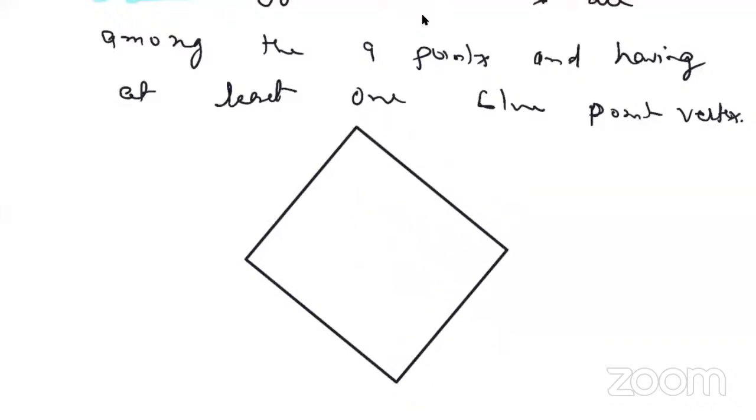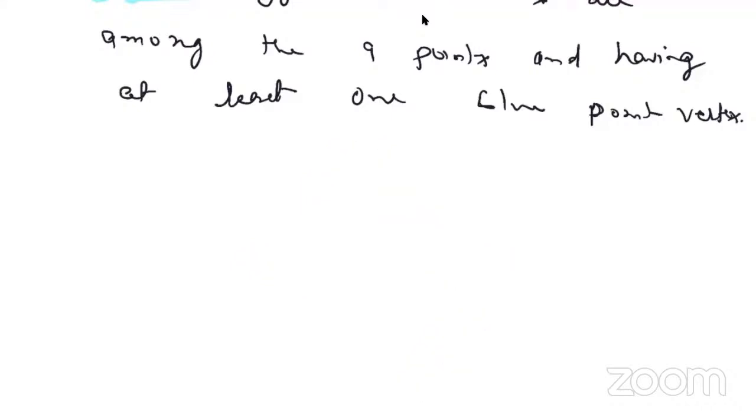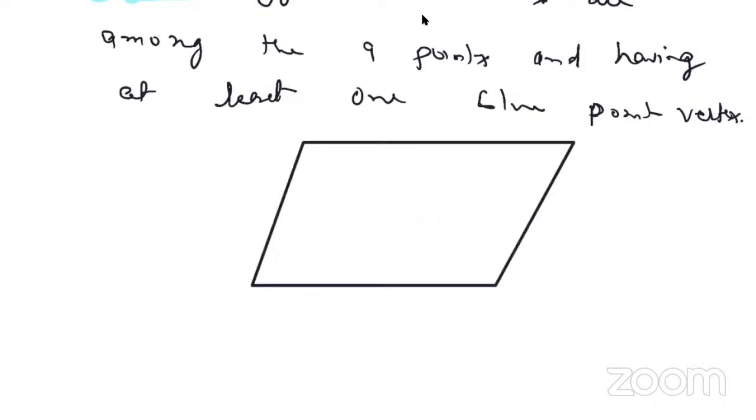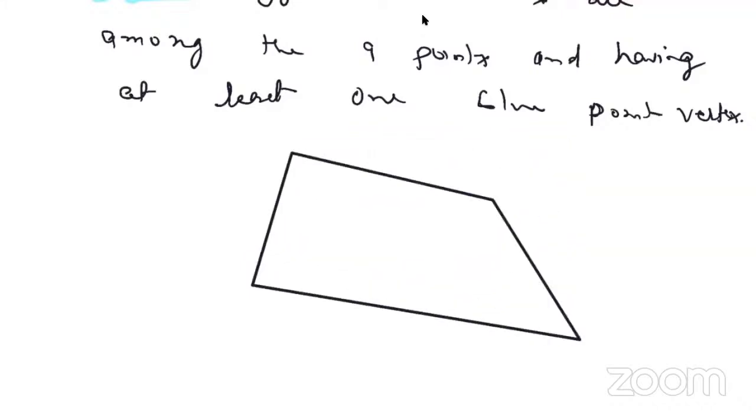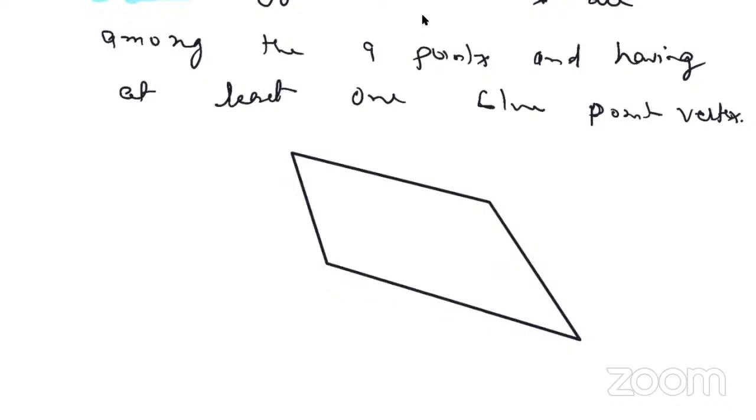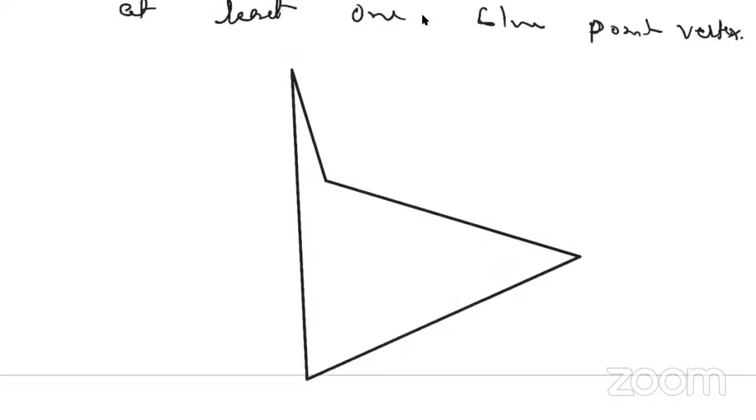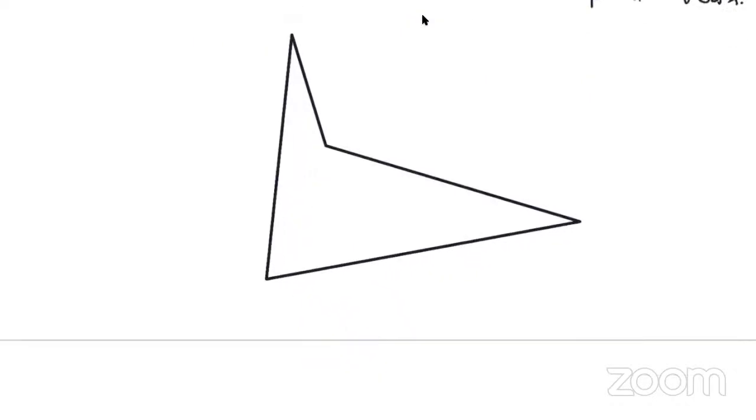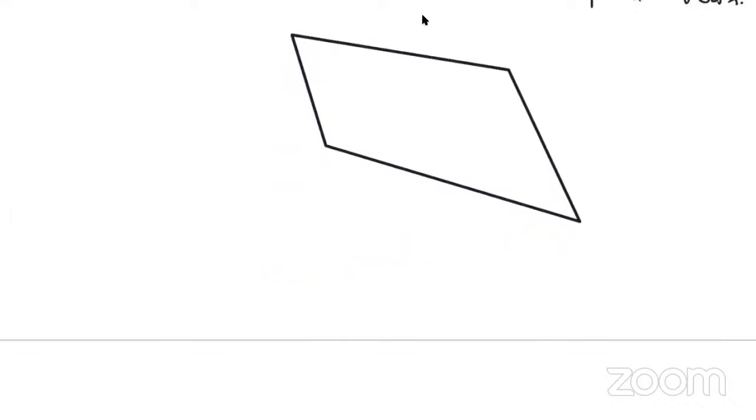Triangles we know are convex. But if I'm taking this one, this is called concave, when this angle is going more than 180 degrees.